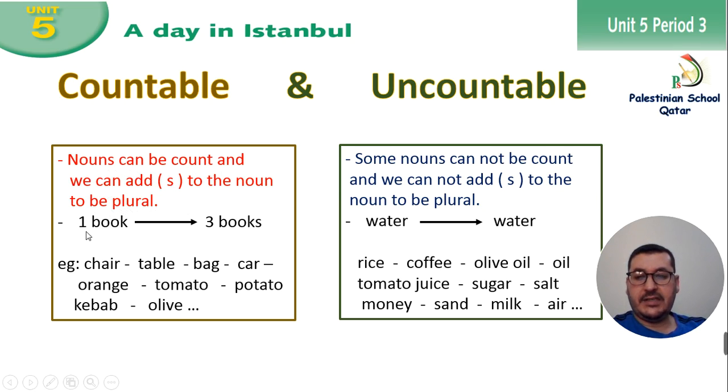For example, if I say one book, I can change it to plural by saying 3 books. So I have to put s to make it plural. This means that book is countable because it takes s to make it plural, and I can count how many books I have.